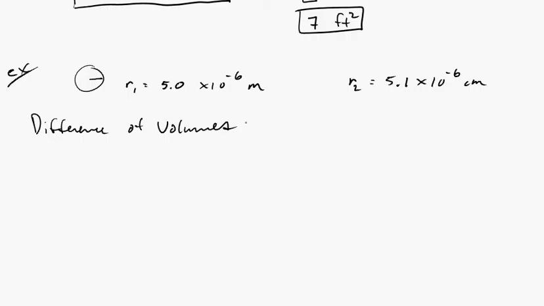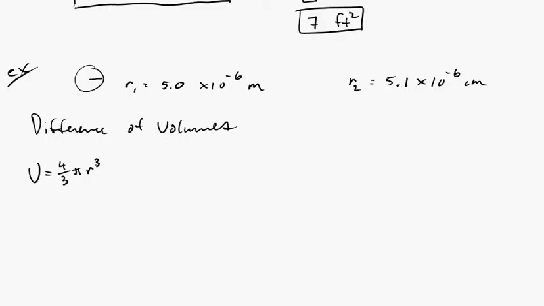Now, we're going to give you the formulas for most everything you need. The volume of a sphere like this, a ball, is V equals 4/3 pi r cubed. So basically, we are going to take the volumes of those two, and then we're going to find the difference.